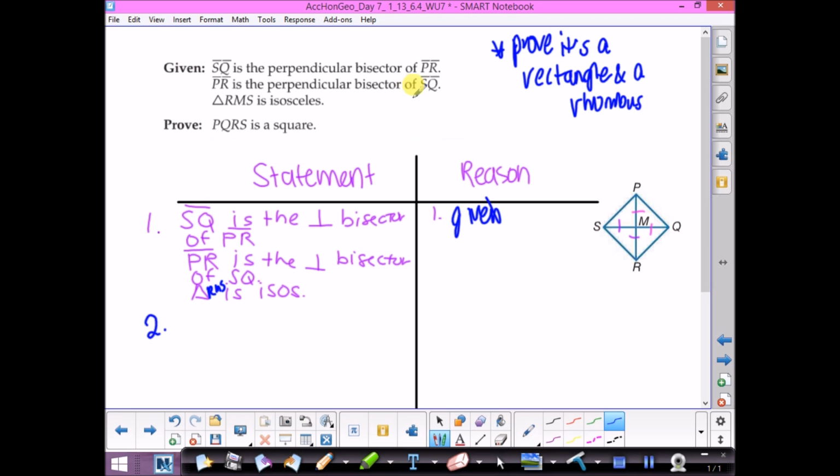So if SQ is the perpendicular bisector of PR, and PR is the perpendicular bisector of SQ, then we know that SQ is perpendicular to PR by the definition of perpendicular bisector.